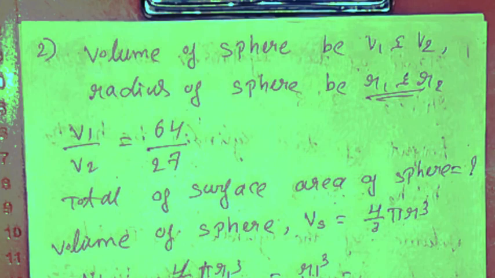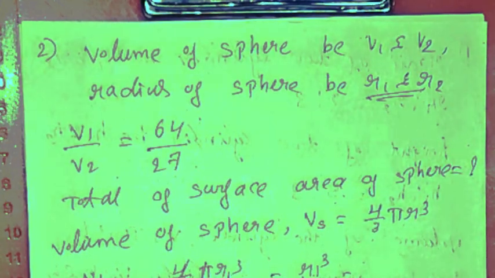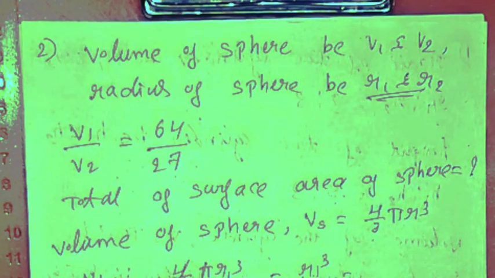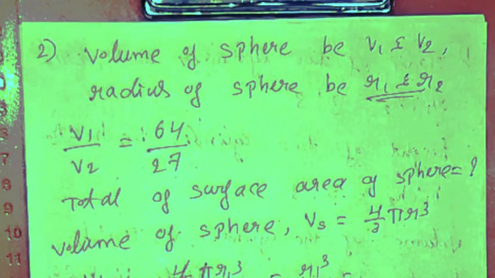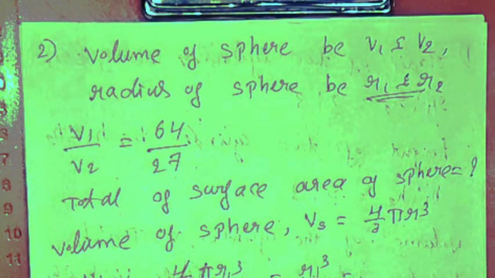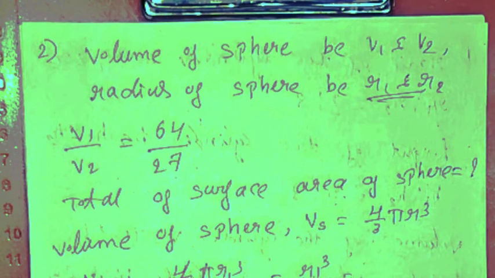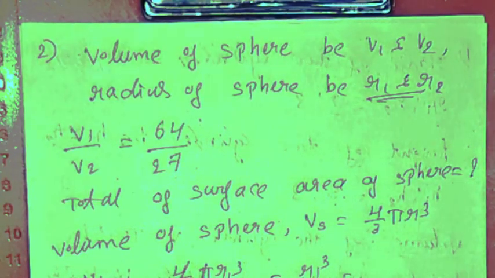The surface areas of the two spheres are denoted by A1 and A2. What is the formula? 4 pi r square. So to find the ratio, A1 by A2 equal to 4 pi r1 square divided by 4 pi r2 square. 4 pi and 4 pi get cancelled.